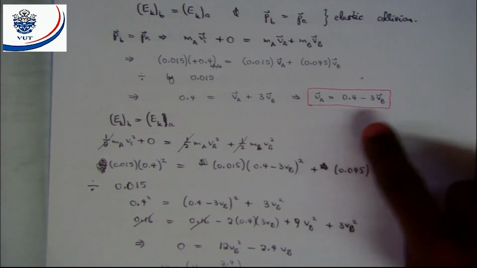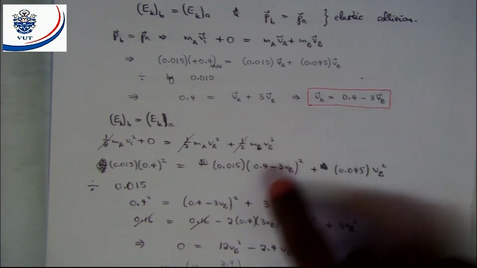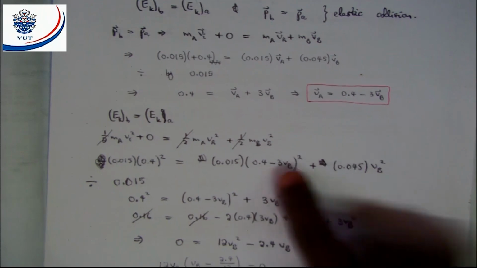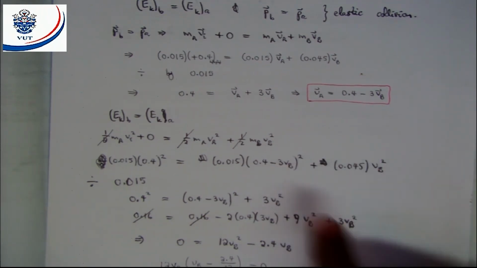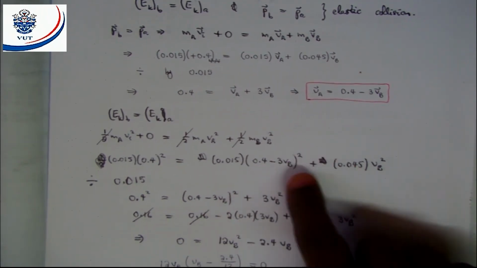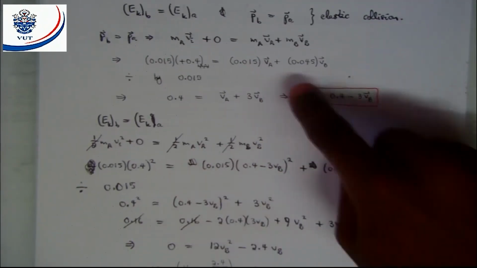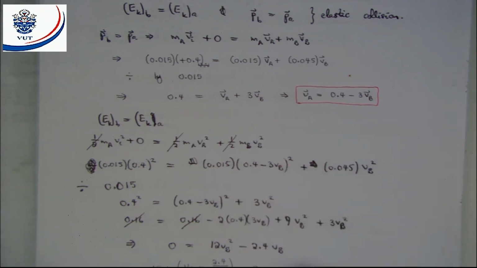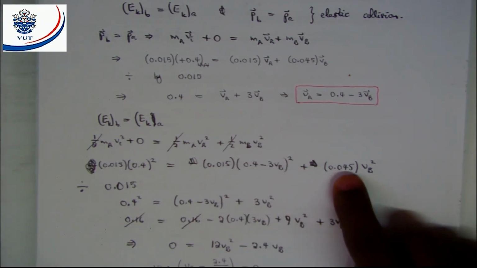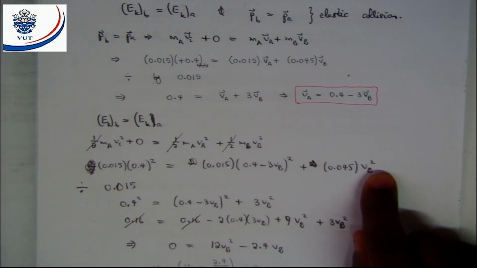We want to solve them simultaneously, so substitute VA for VB so that you only have one unknown. Substituting 0.4 minus 3 VB, this is a scalar, we are talking about speed, so you lose the arrows. You square that, plus 0.045 times VB squared.